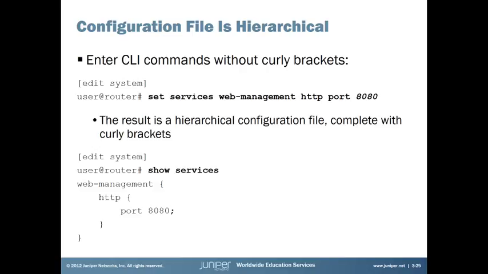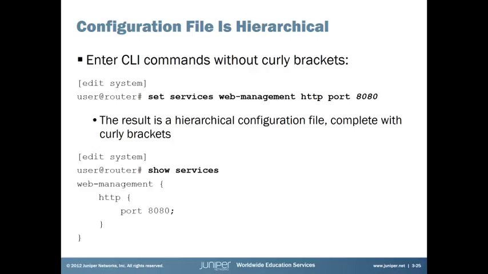Okay, now I've put a configuration on the interface. Otherwise, I could have typed edit interfaces GE 0/0/0, enter. Now I'm down at that hierarchy, and I can type set unit 0.